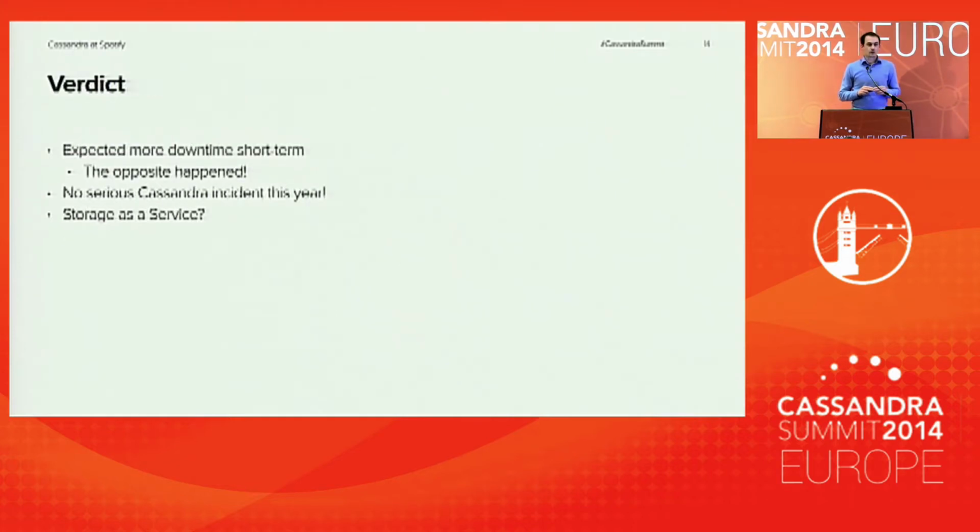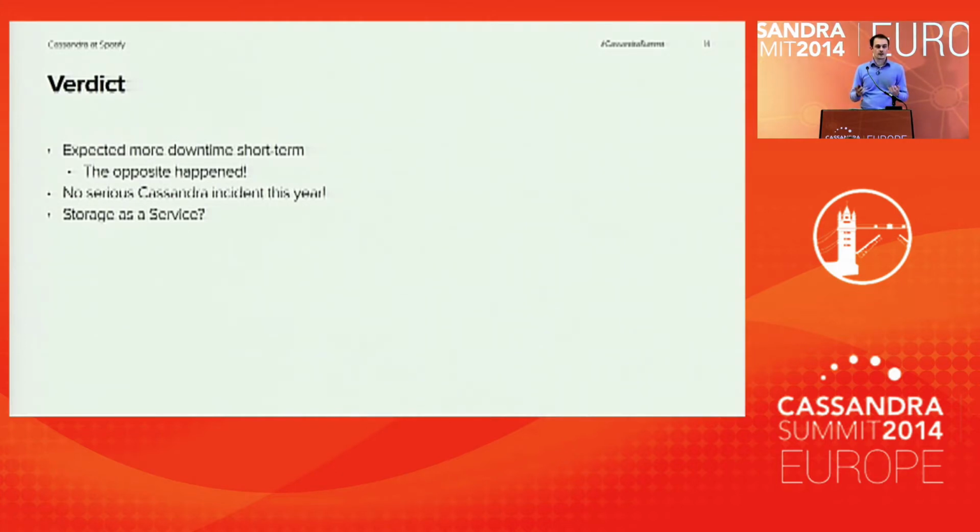So how has this all turned out? When we decided to take this decision, we expected that short term the uptime of the service would go down, but actually the opposite happened, which was a very pleasant surprise. And it really shows that if developers have to maintain their own code in production, they become much more careful and build more proper tools and do more testing.